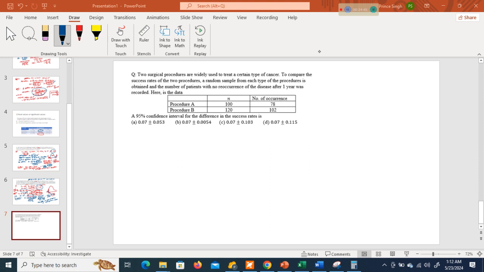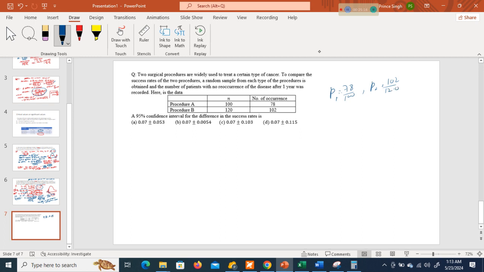Okay, so I think basically this problem is based on proportion only. Although it is not part of the topic, in this case we need to calculate the number of occurrences. The success rate means the probability of success. In this particular case, P1 is 78 upon 100 and P2 is 102 divided by 120.